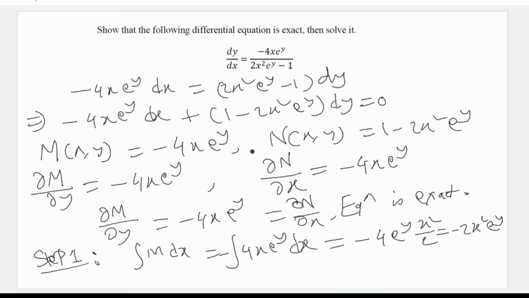In the second step, we have to look at the term free from x in N. So our N is here. Here 1 is the only term which is free from x. So in the next step, we find the integration of 1 with respect to y.